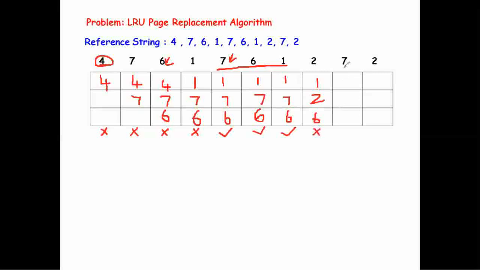Hence some frame has to be replaced among 1, 2 and 6. 6 is least recently used. So in the place of 6, 7 will enter. Here too a page fault has occurred. When 2 is referenced, 2 is already available. So here a page fault will not occur, which refers to a hit.